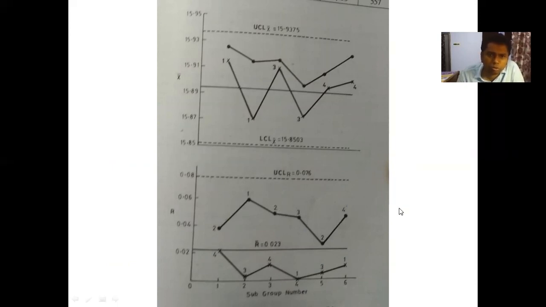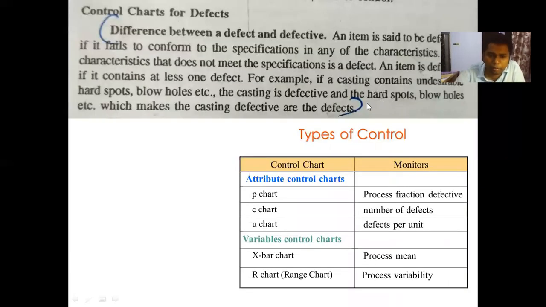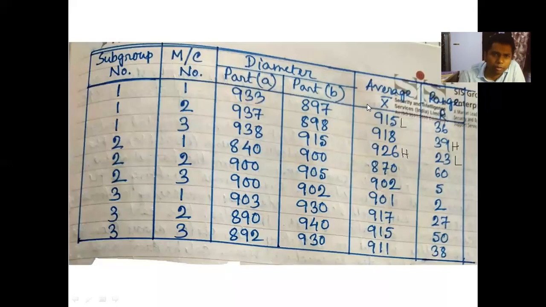But suppose I am considering that this particular curve is for part A, and the second curve is for part B.